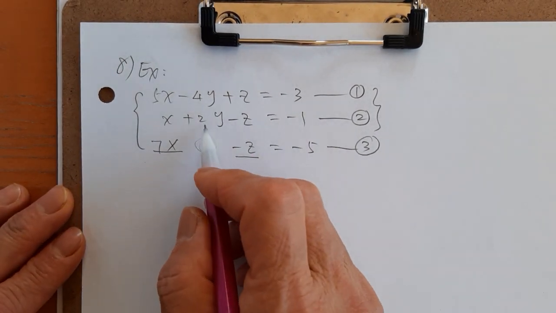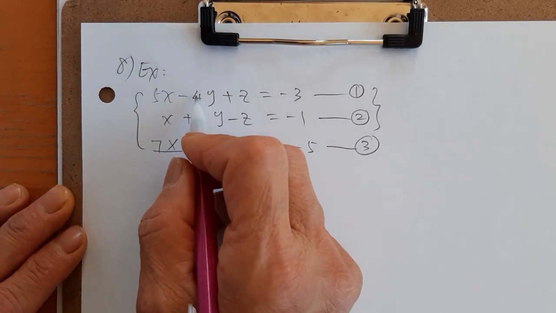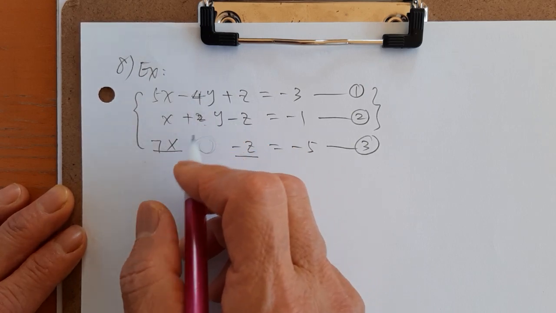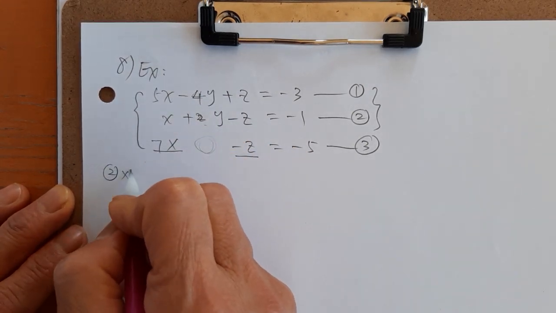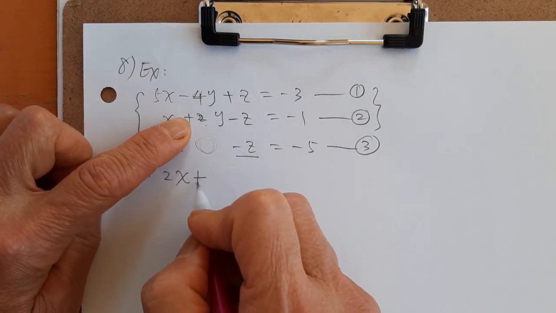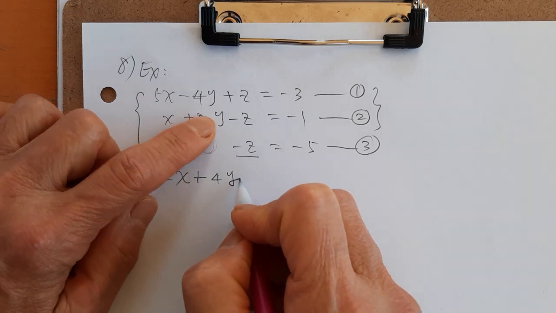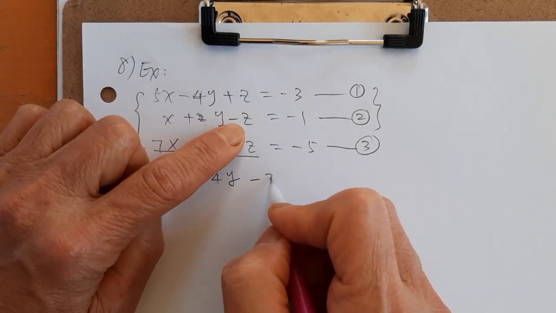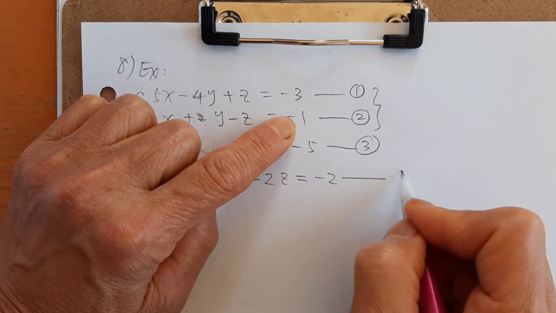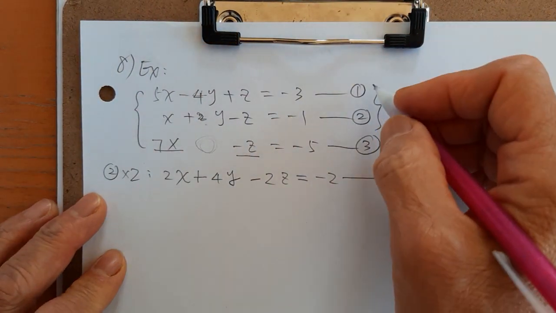So to eliminate y, since this is 2y and that is negative 2y, do the second equation times 2. You get 2x plus 4y minus 2z equals negative 2, and you call this the fourth equation.